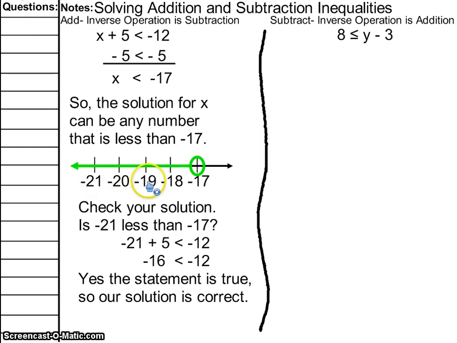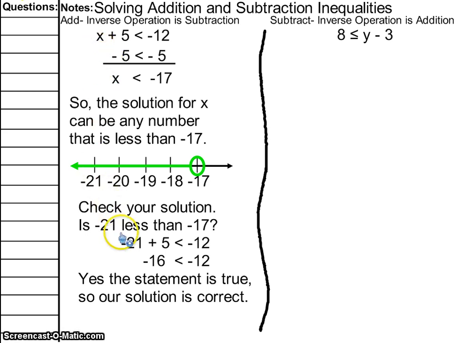So let's check our solution. We can pick any number on our number line that is less than -17 and see if that makes our inequality true. Let's pick -21. Is -21 less than -17? Let's put that number into our inequality.